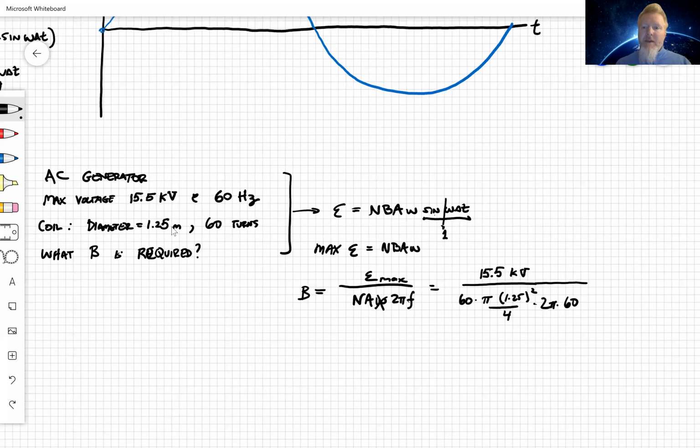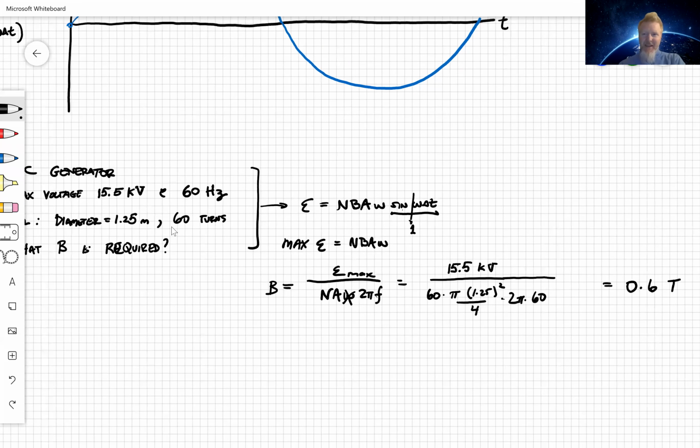If you calculate all that out, this comes out to something pretty interesting. I got about 0.6 of a Tesla. 0.6 of a Tesla, that's not that big. I think you could probably make that fairly straightforwardly. I doubt it's a permanent magnet.